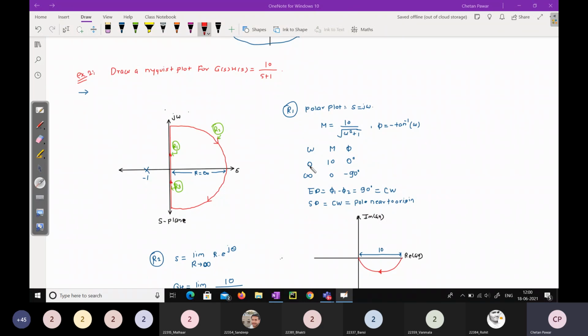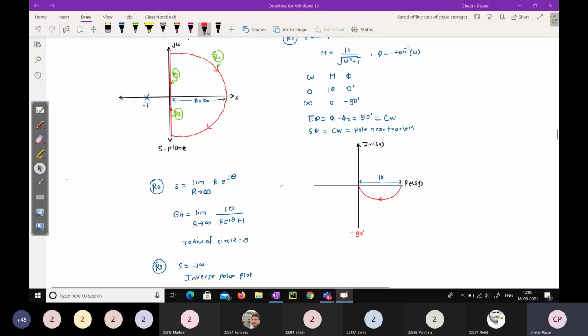At omega equal to 0, magnitude is 10 and angle is 0 degrees, so this is the 0 degree line, and I start the polar plot from this point. At omega equal to infinity, magnitude will be 0, but angle will be -90 degrees, so this is the -90 degree line.